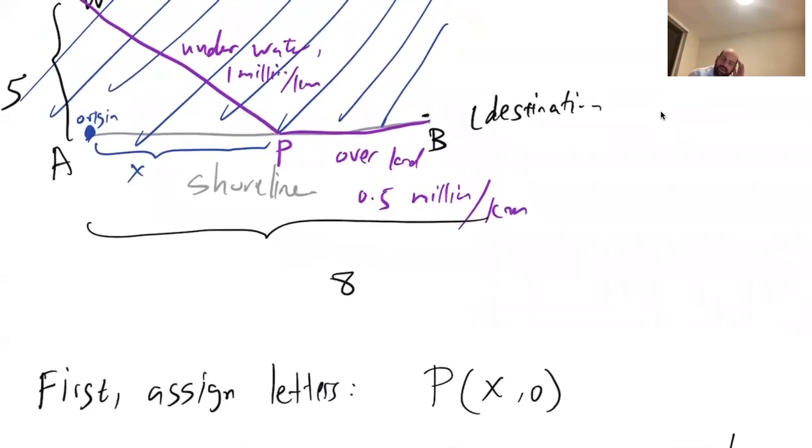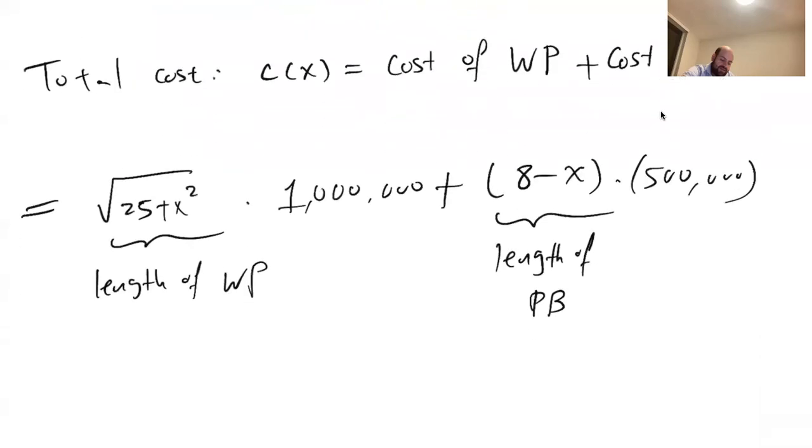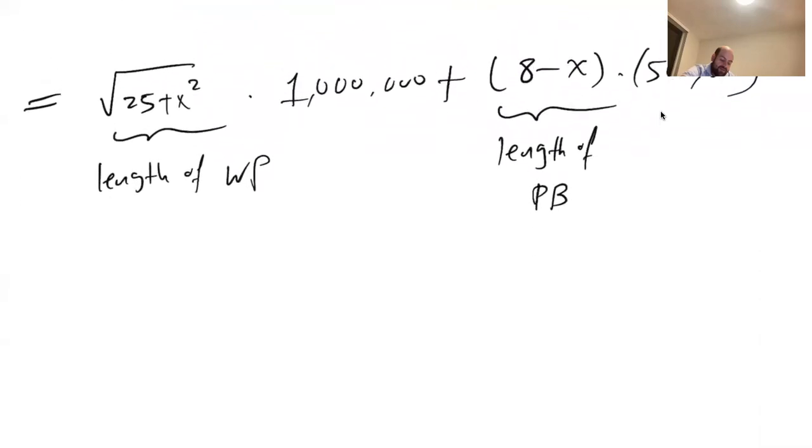PB, because it's over land, the cost is $500,000 per kilometer. So if PB is 8 minus X kilometers in total, then the cost will be that length times $0.5 million, which means that's that length times $500,000.